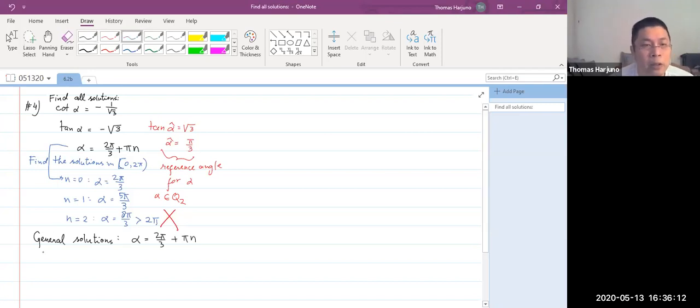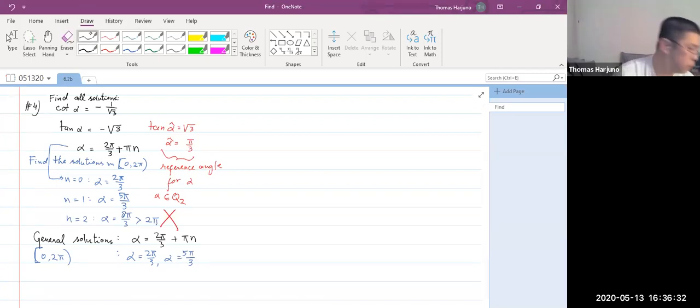And if they want from 0 to 2 pi, then alpha will be 2 pi over 3, alpha equals 5 pi over 3. Okay, that's for number 4.